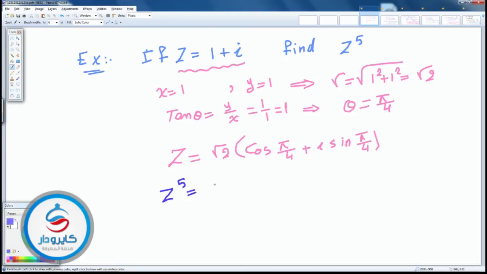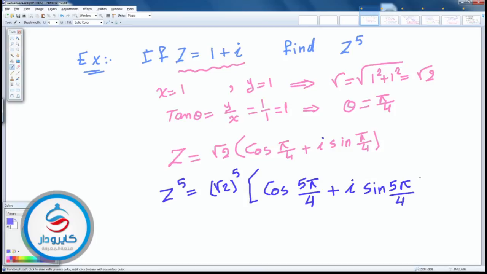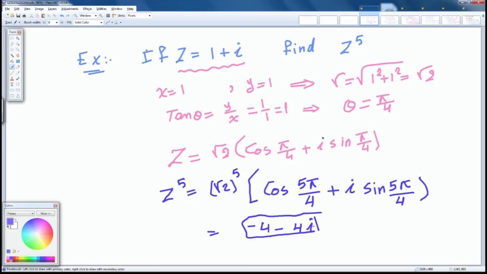That means directly root 2 power of 5 cosine 5 pi over 4 plus I sine 5 pi over 4. This is a trigonometric form and equals -4 minus 4i. This is the algebraic form.